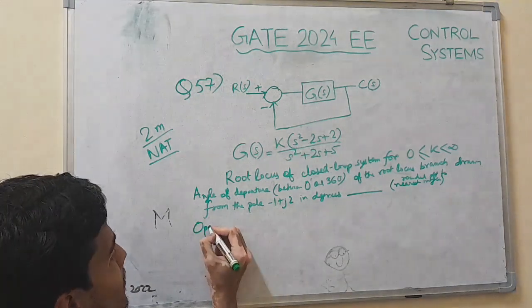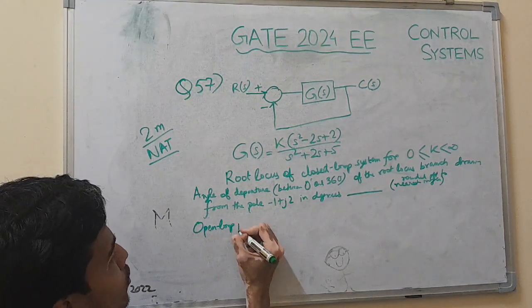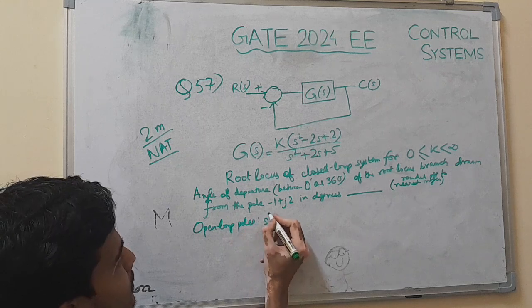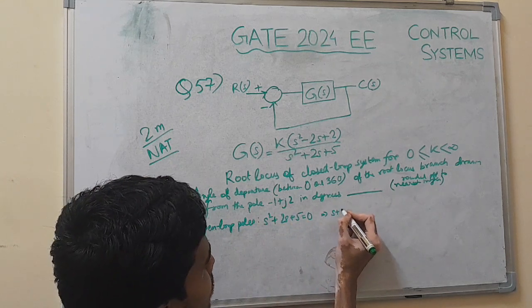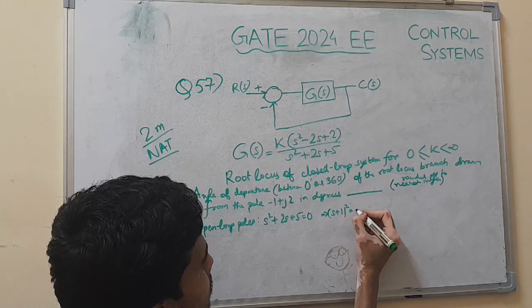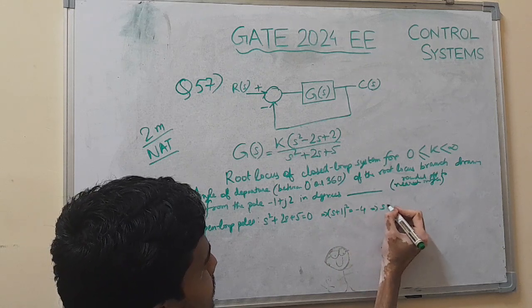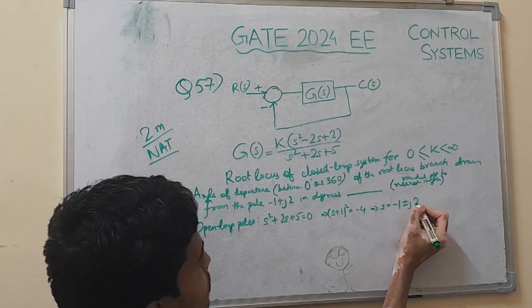Open loop poles are given by s² plus 2s plus 5 equal to 0. We can write (s plus 1) whole square plus 4 equal to 0, so s equals -1 plus minus j2.